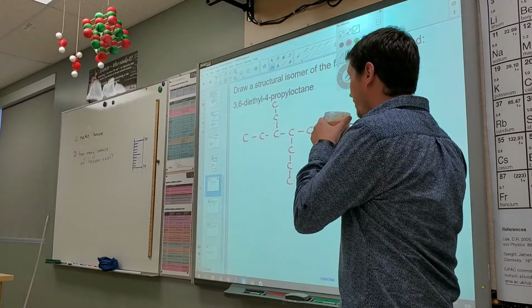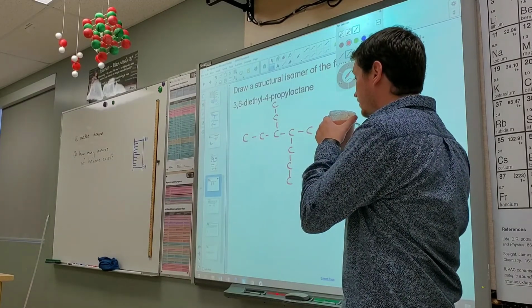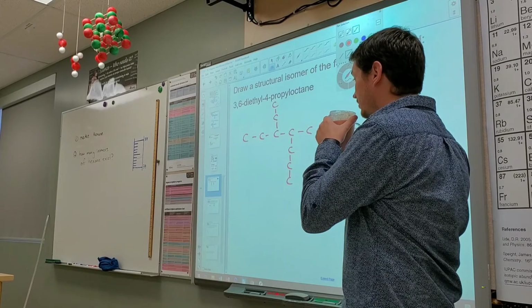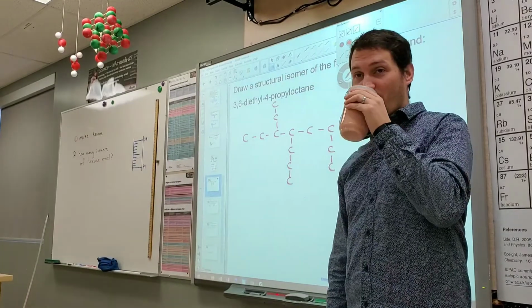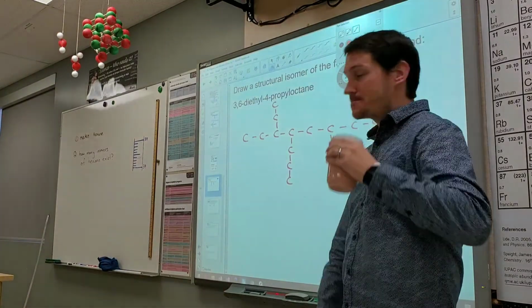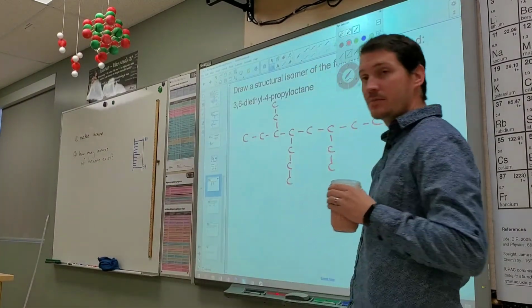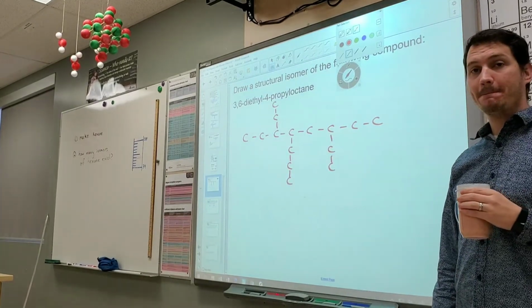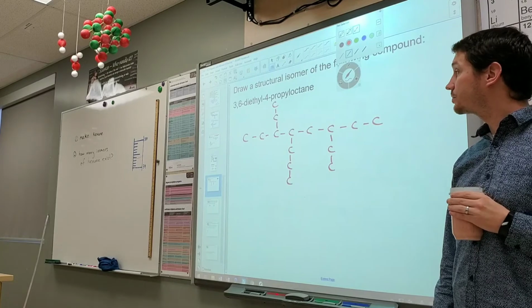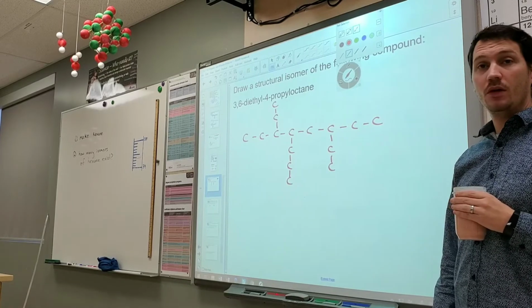1, 2, 3, 4, 5, 6, 7, 8. Wait, did I count wrong? Yeah, I counted wrong. So we know that the parent chain has 8 carbons in it, and it goes across like this. But now that we've added the 4 to the 4th one, can we go like this and then down?